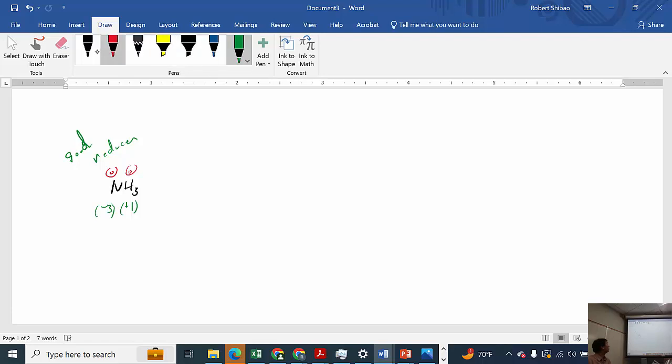Bleach is sodium hypochlorite. We do the same thing. Following the rules in your book, sodium goes first at +1, then oxygen goes next at -2, and that leaves chlorine at what?